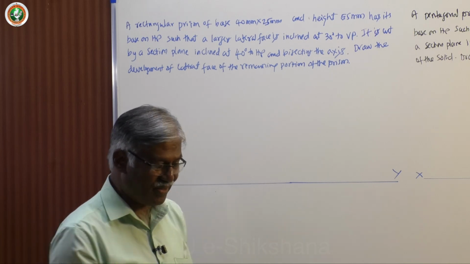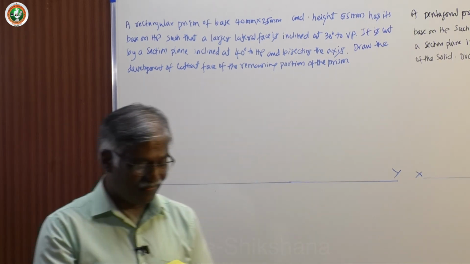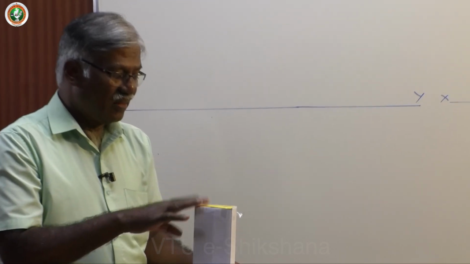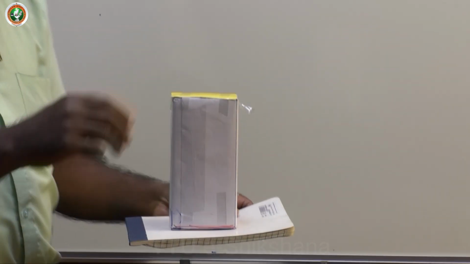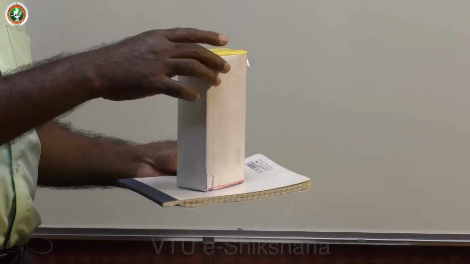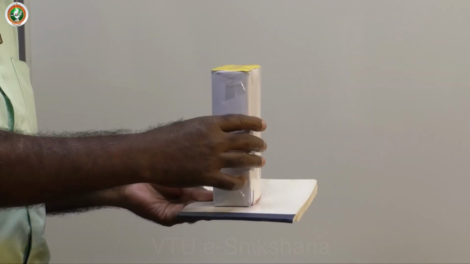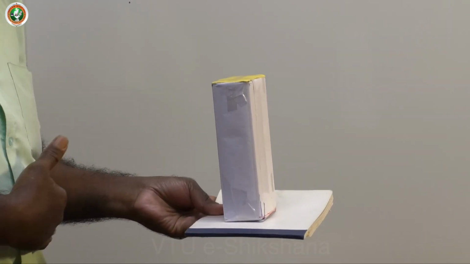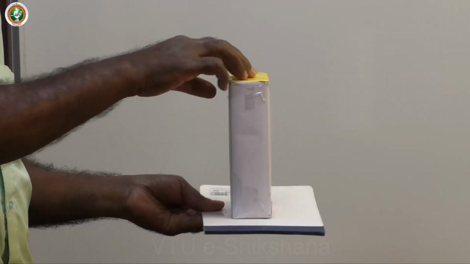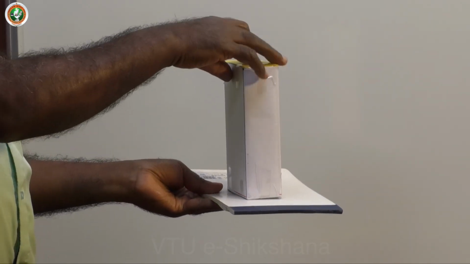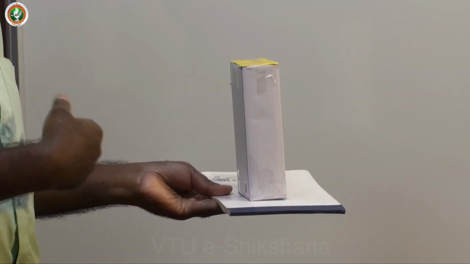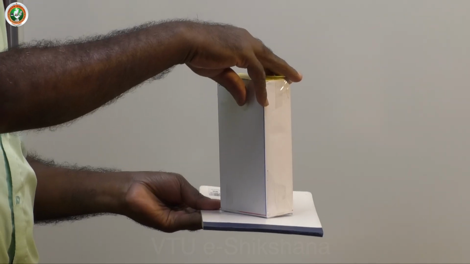Now let me take this particular case. This is HP, this rectangular face, and there are two larger lateral faces, 1, 2. This is the smaller lateral face. Here assume that this is VP for you and here is the surface, and the surface is right now parallel to VP. Now it is inclined at 30 degree to VP.